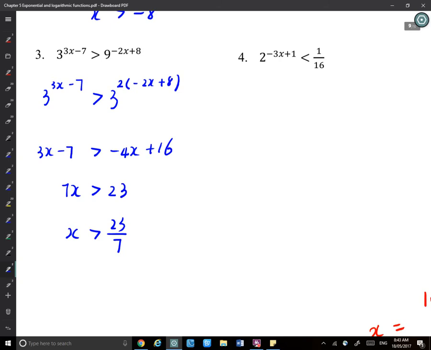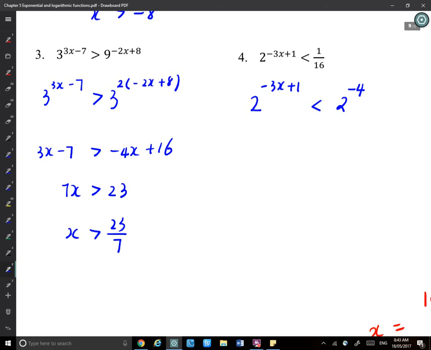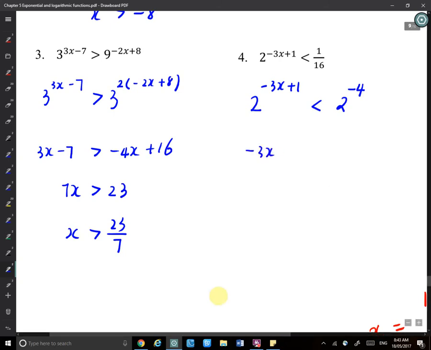Okay, example 4. One side is 2, the other side is 1 on 16. Base 2, obviously base 2. 2 to the power of minus 3x plus 1, less than 2 to the power of negative 4. Okay, it's 1 over 2 to the power of 4. Therefore, it's 2 to the power of negative 4. And then I will have negative 3x plus 1 less than minus 4.